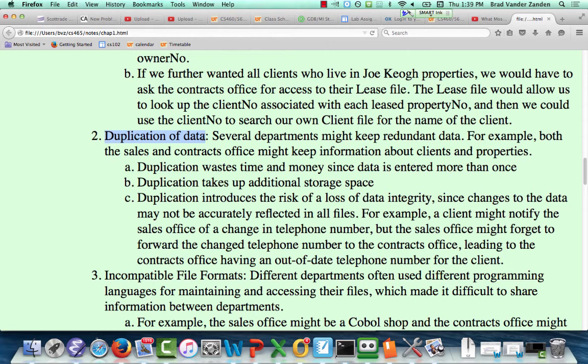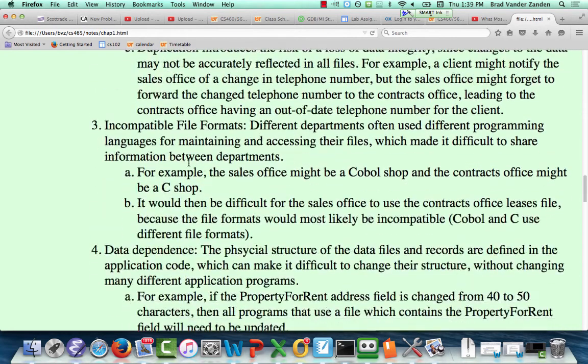The person in the realtor's office forgets to tell the leasing office that Joe's address changed. Now you have inconsistent data and it's no good. So duplication of data was a problem. I just told you about incompatible file formats: Fortran and COBOL have different file formats, so it's not easy to share data.